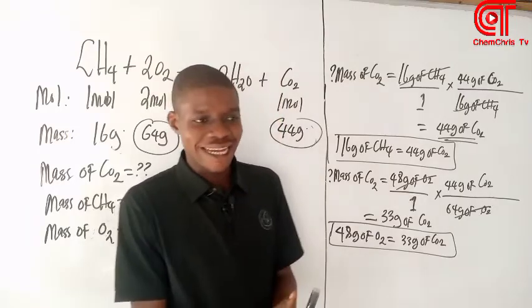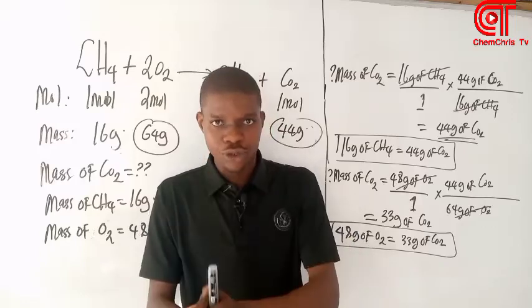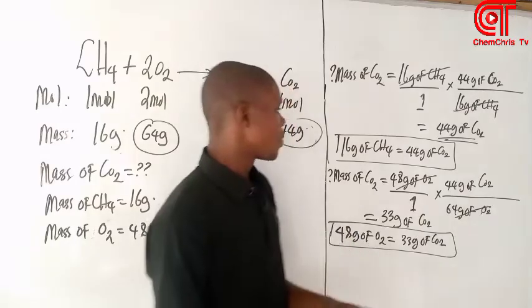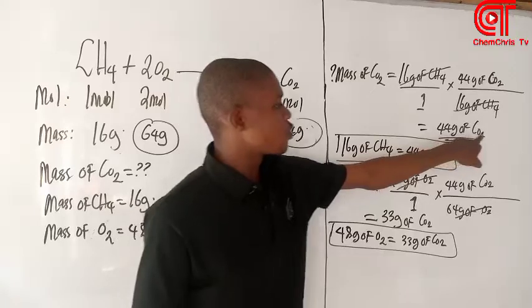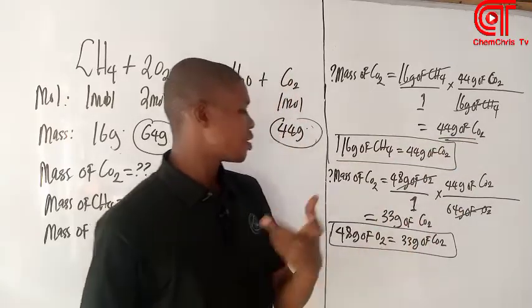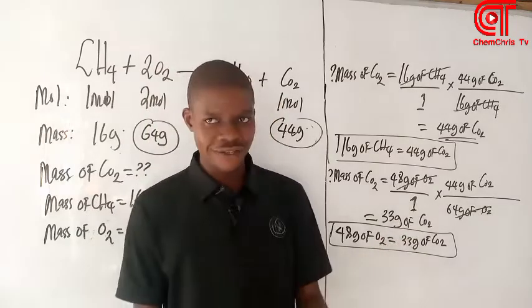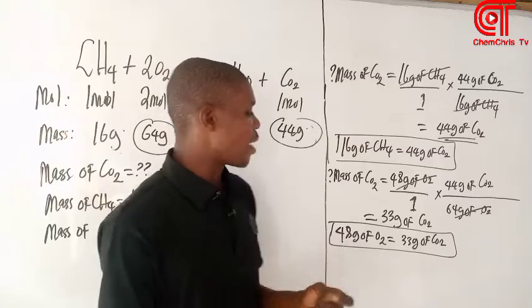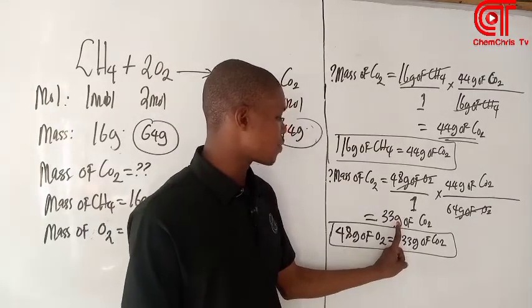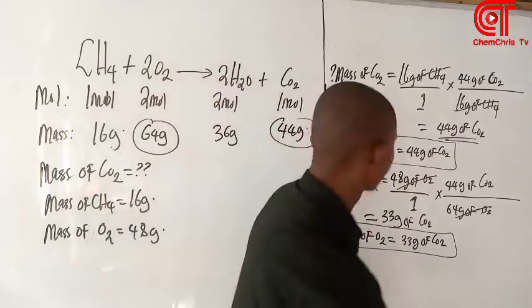So now what's the limiting reactant? The limiting reactant is the reactant that will produce the least amount of product. You get? So now here we have 44 grams of CO2. Here we have 33 grams of CO2. Now which one is the least? 33 grams of CO2 is the least, right? Now which one produces the least mass of CO2 is 48 grams of O2.